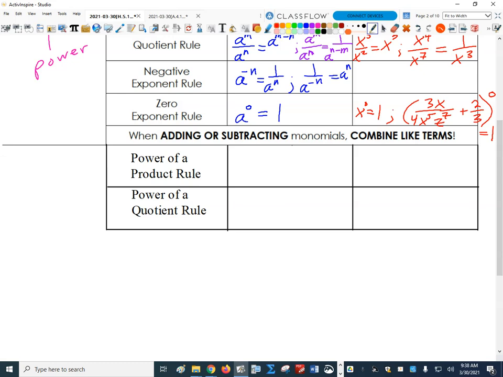Okay, power. So there's a couple additional ones I wanted to add that weren't included. The power of a product rule. Okay, so what about this? What if I've got something like a times b to the m? What's that equal to? How could I rewrite that?